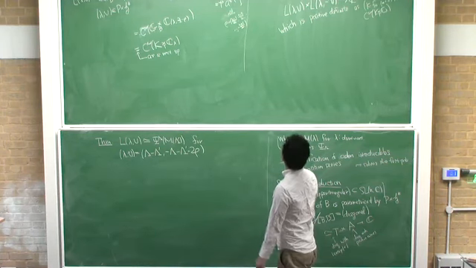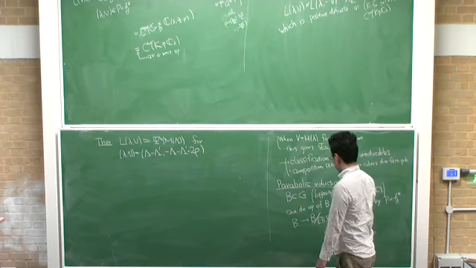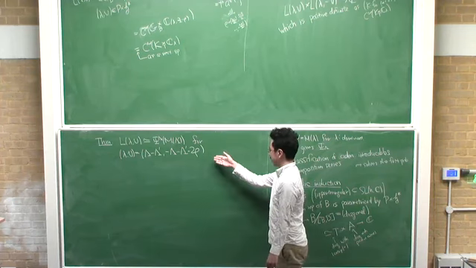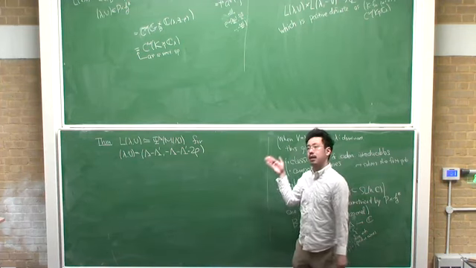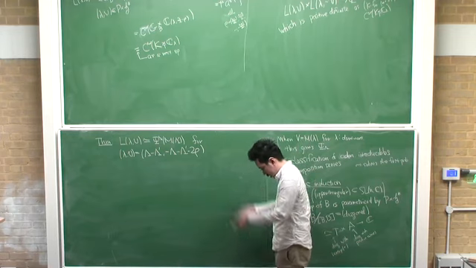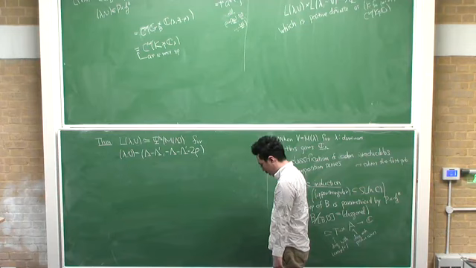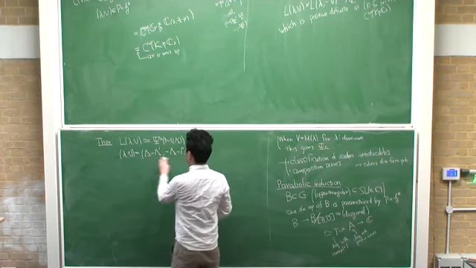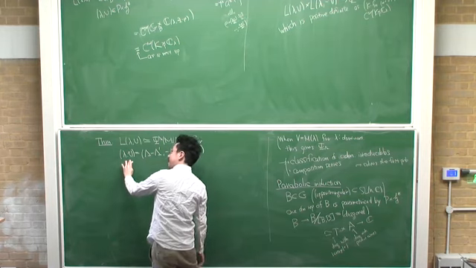But I have put lambda dominant, or I needed to take lambda to be a special representative in the Weyl group orbit. So this restricts to a certain weight inside here.